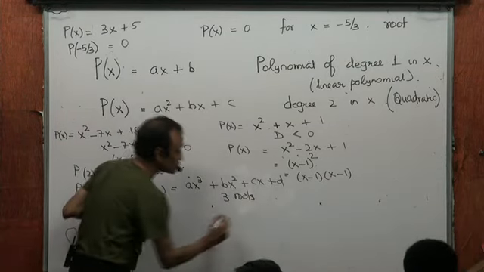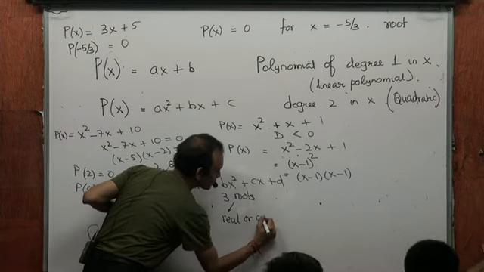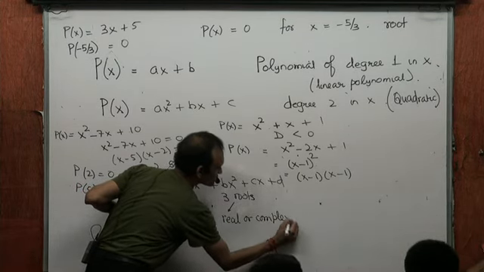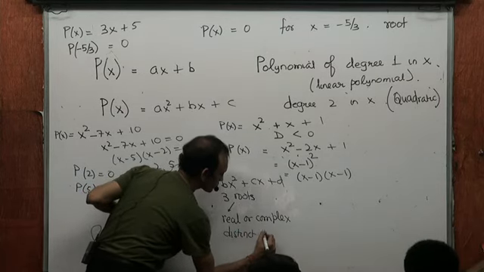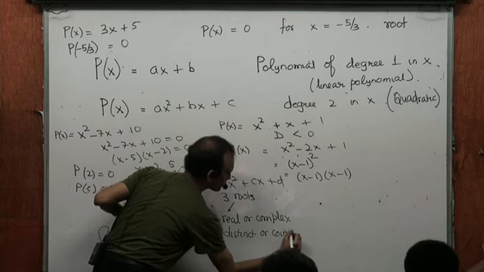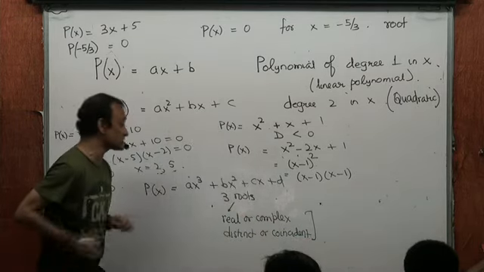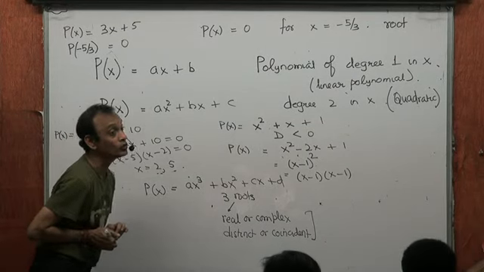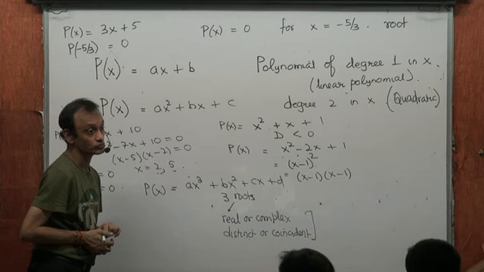Exactly three roots. Whether those roots are real or complex, distinct or coincident, that's another story. It will have three roots. Yes or no?